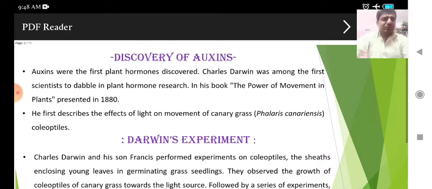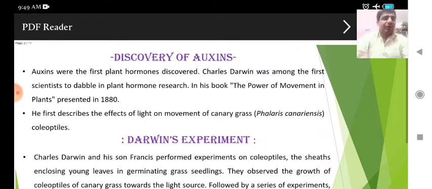He first described the effect of light on movement of canary grass, the plant that he had studied, that is Phalaris canariensis. In the coleoptiles, means the upper portion of the stem, the coleoptile moves towards the sunlight.